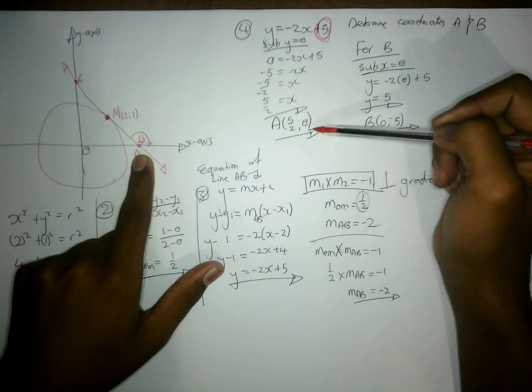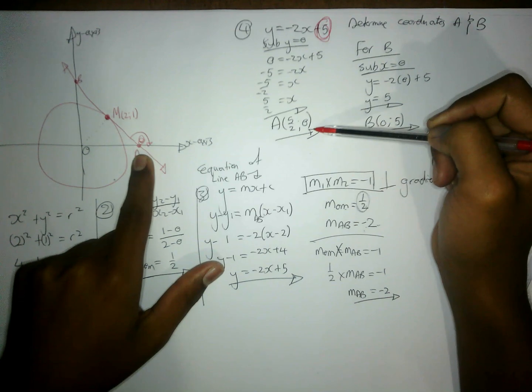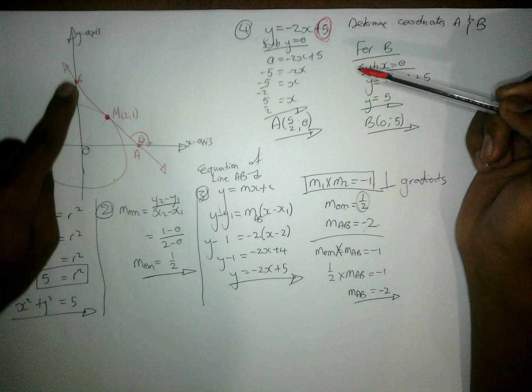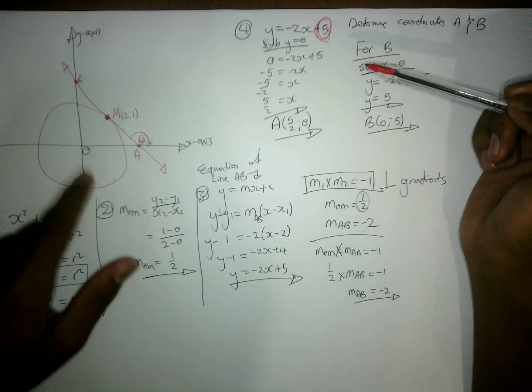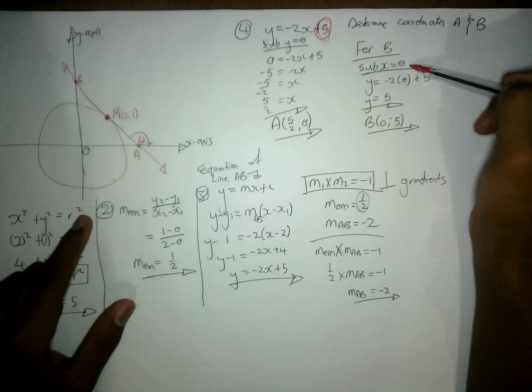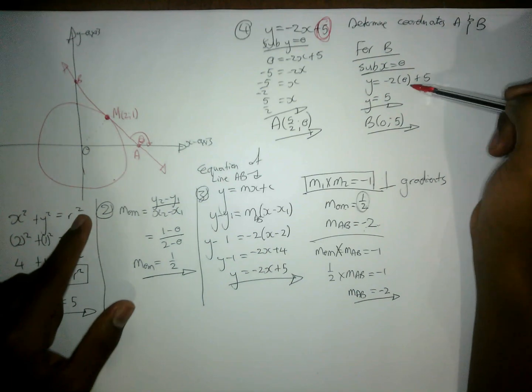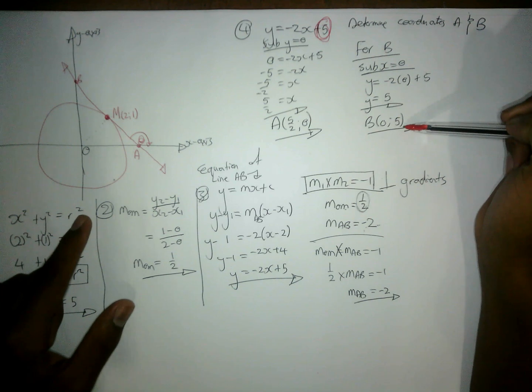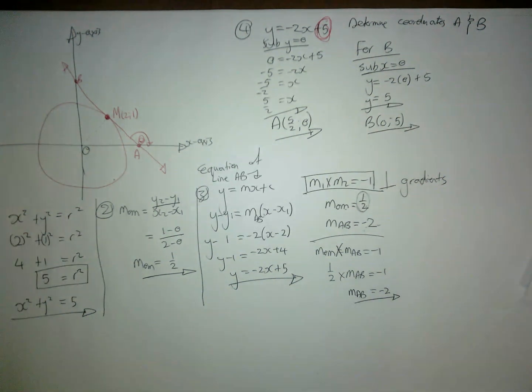For B, it's on the y-axis, so his x value is going to be 0. So we substitute x for 0, solve y, finish again. That's how straightforward this work is. Next one.